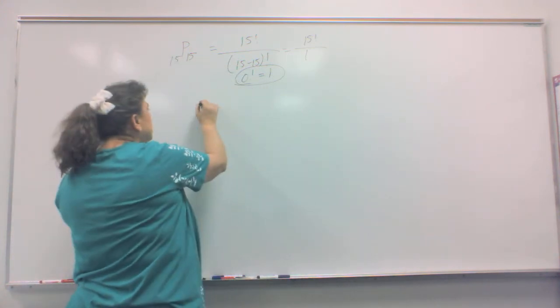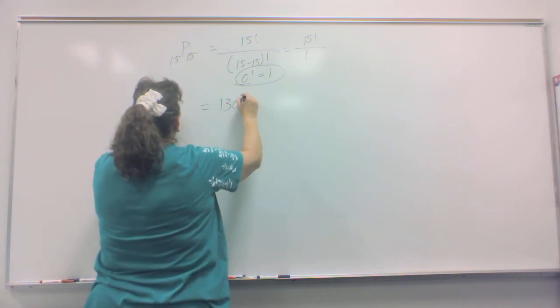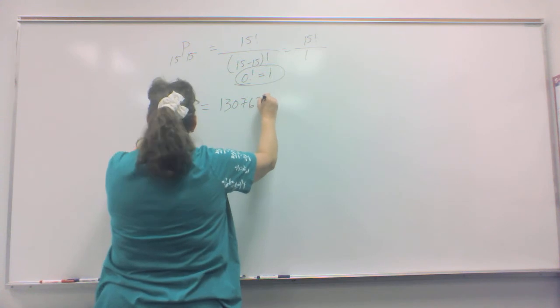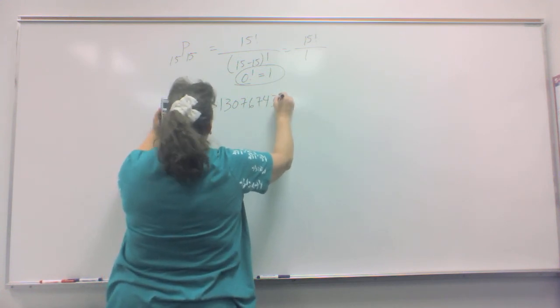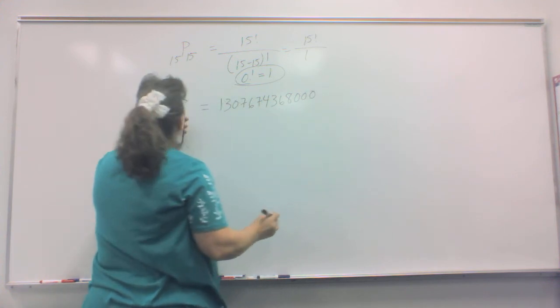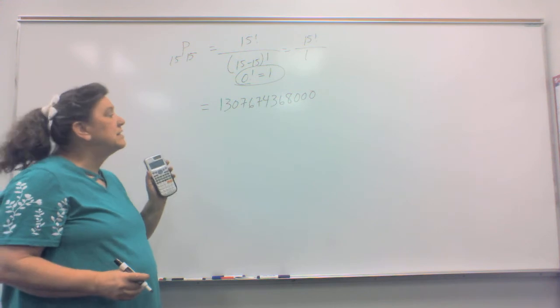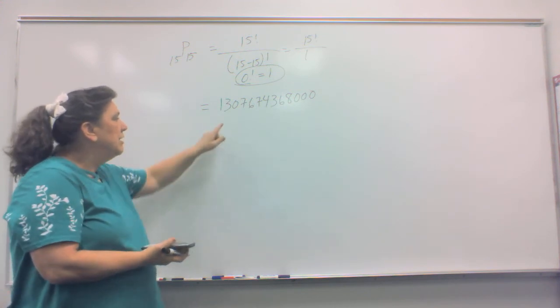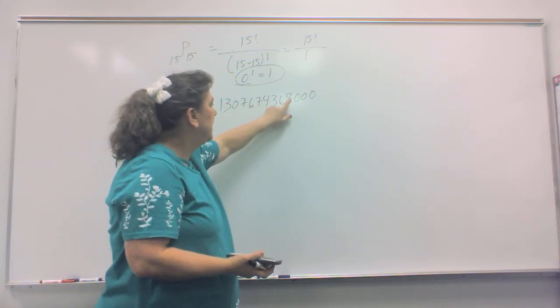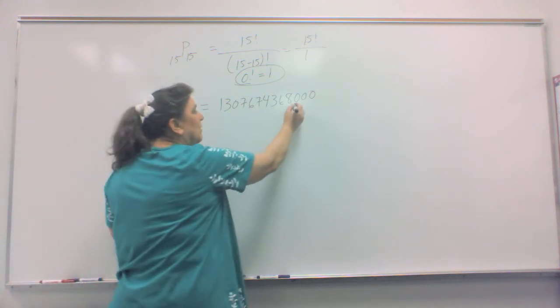So what is the number of possibilities? Because it's such a big number that it gives it to you in scientific notation. That's a really big number.